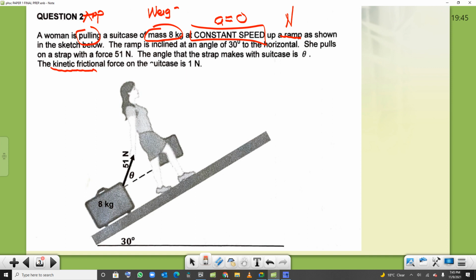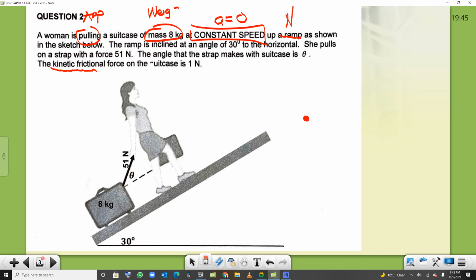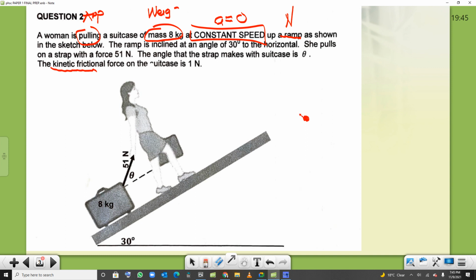What's your free body diagram going to look like? The surface is inclined to the left. So it means my normal force should also be inclined towards the left. The applied force is not parallel to the surface. Take note. Some of you are going to get it wrong there.